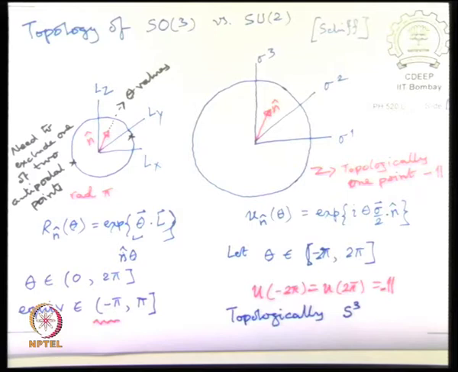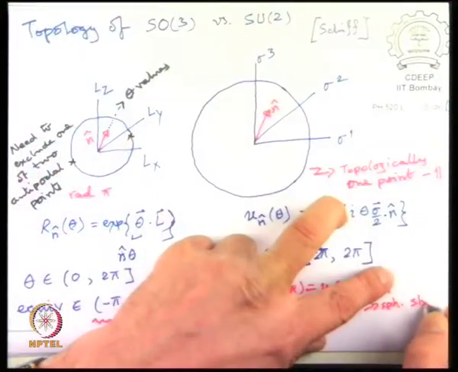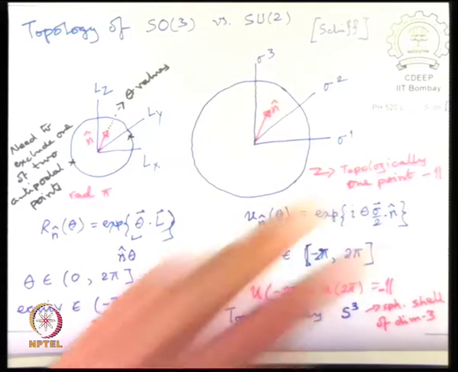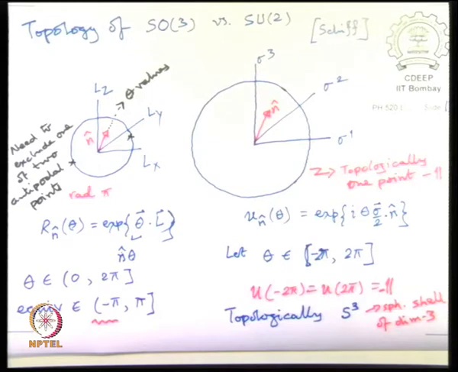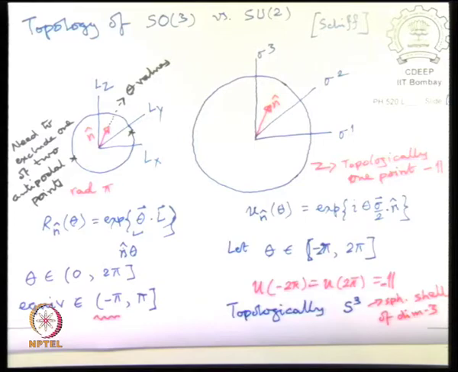So, S1 is a circle, S2 is a spherical shell in 3 dimensions, and S3 is a spherical shell of dimension 3 in 4-dimensional space. Its intrinsic dimensionality is 3, just as the intrinsic dimensionality of a shell is 2. It is a 2 sphere, although it occupies 3 dimensions. An ant walking on it only detects 2 dimensions. So an ant walking on this will detect 3 dimensions, but it will be a continuous and homogeneous space. You will not find any joint anywhere.